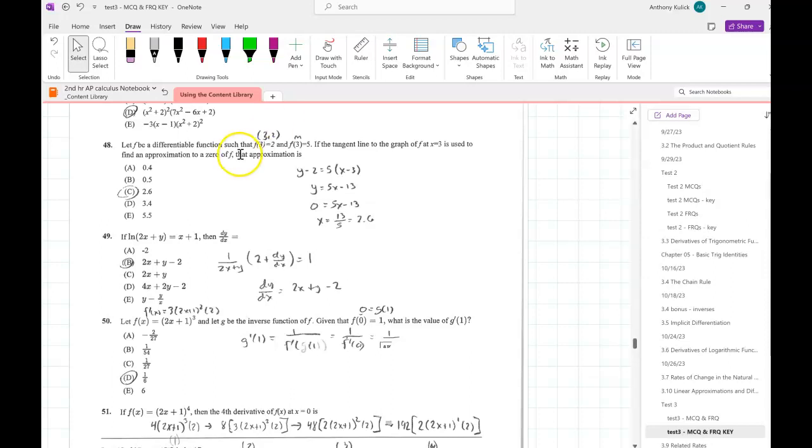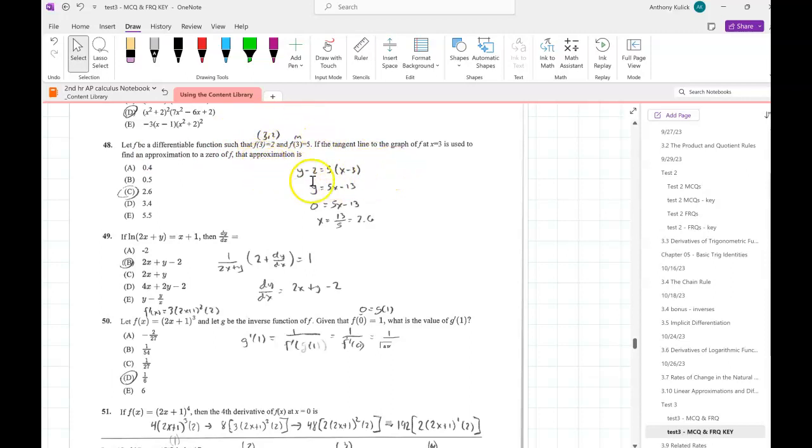So Pierce, for number 48, this one right here. It says approximation, so I'm going to use a linear approximation to do this. I'm just going to write the equation for a tangent line. So I have the 0.32 and the slope 5.